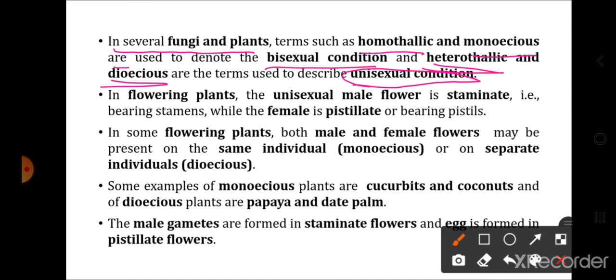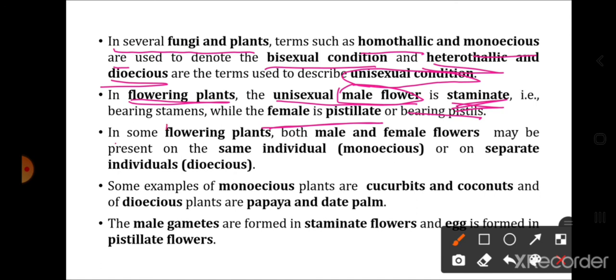Heterothallus or dioecious. Whereas when we talk about the flowering plants, flowers may be unisexual or bisexual. Bisexual flowers are those flowers which have both the male and the female reproductive parts. Whereas unisexual flowers are those which have stamens, called male flowers, that is staminate flowers, while the female flower is called pistillate flower, or it bears the pistils.